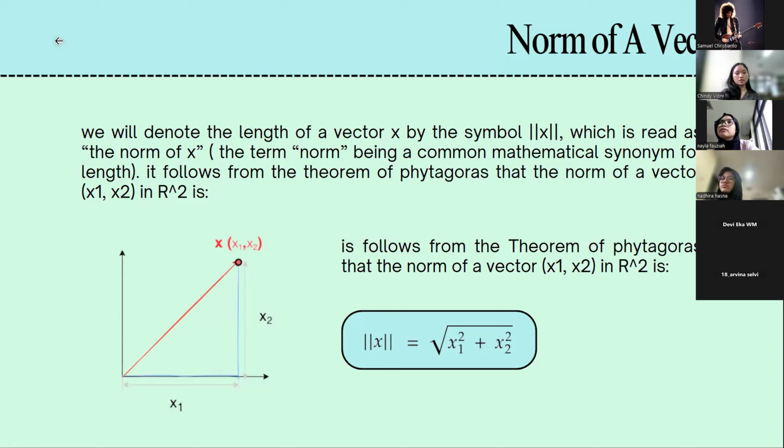There is an x-axis and a y-axis, and there is a line from x1 to x2. So the norm of x is equal to the square root of the sum of x1 squared plus x2 squared.